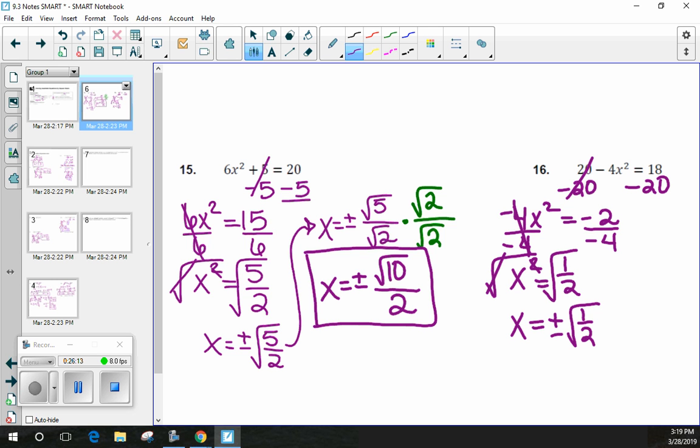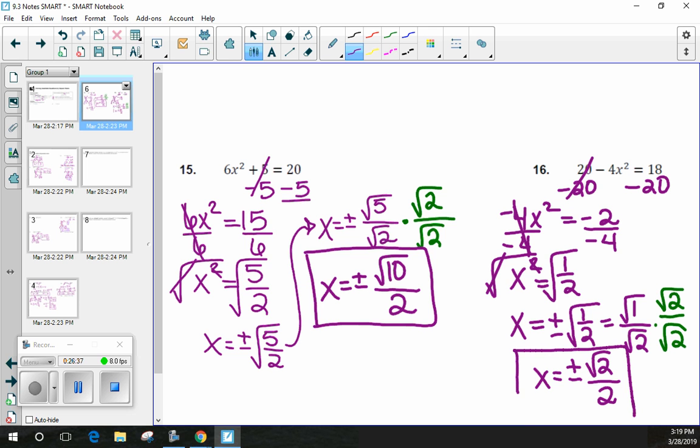But that, again, has to be simplified. So we'll put the radical in the numerator and denominator, and then we will rationalize that denominator to get rid of the radical in the denominator. So when it's all said and done, x is equal to positive or negative square root of 2 over 2 for number 16.